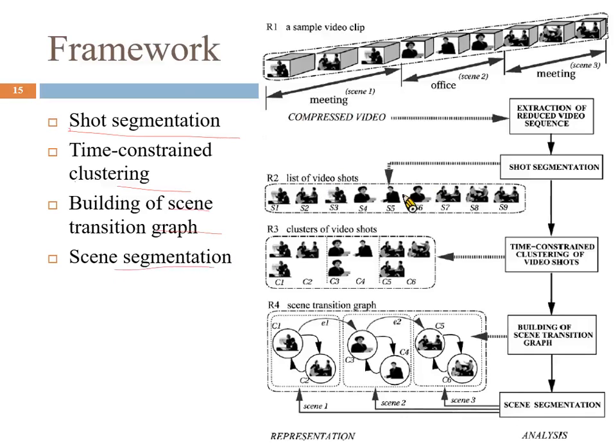So following this diagram, given the video, they do shot change detection. So we have 9 shots. And then we cluster, and then we build the STG and find the cutting edges to divide the STG into subgraphs, which represent video scenes.